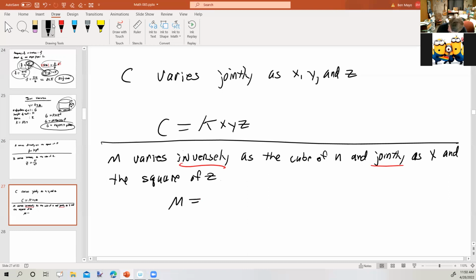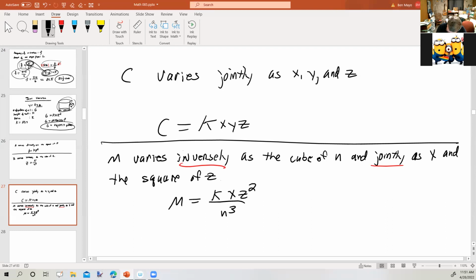M varies inversely as the cube of N. K goes on top, and jointly as X and the square of Z. So M equals K times X times Z squared all over N cubed.